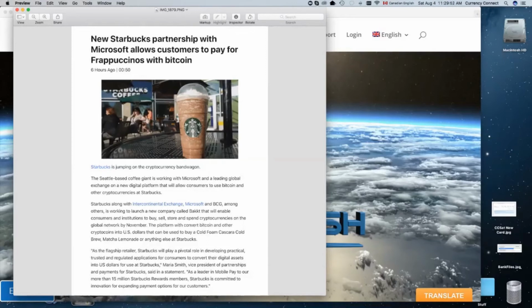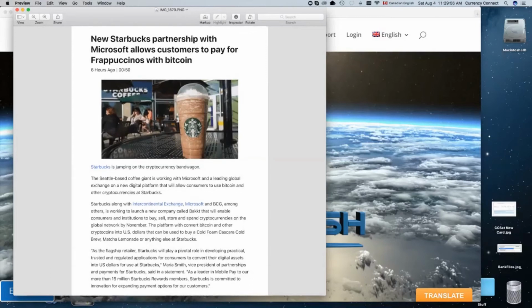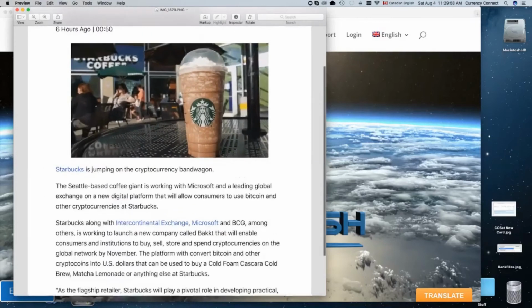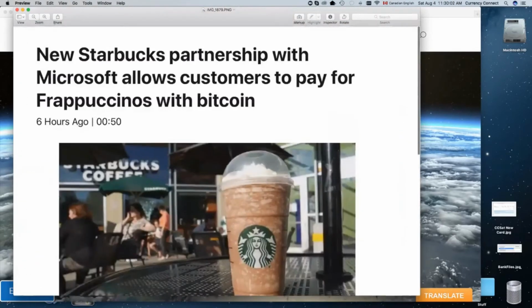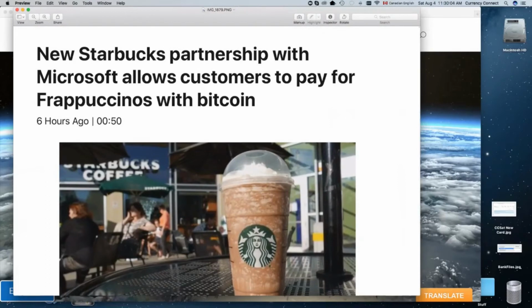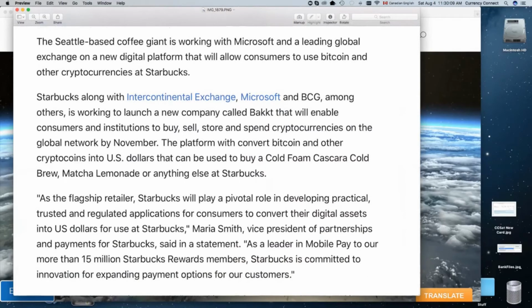Starbucks and some other retailers have now been not just considering, but taking real steps along with Microsoft, and then other major blue chip companies, and then Japan and other countries.